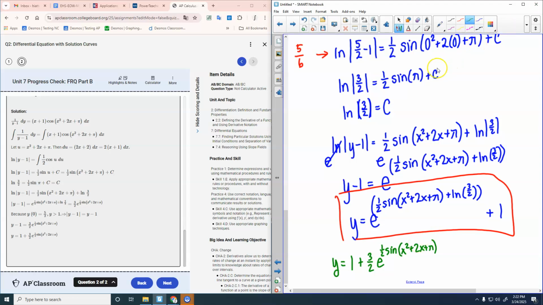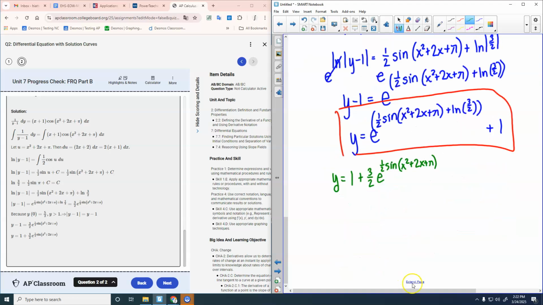So what they have done there, which is not necessary for you to do, but I'll run through it in case you were to see this on a multiple choice situation where you're having to match this up, is when you do this, this part right here was like your C, right?